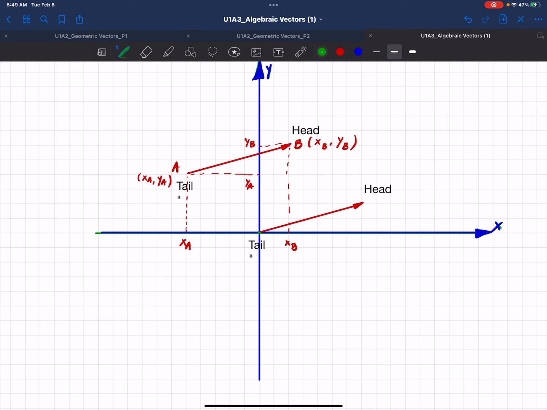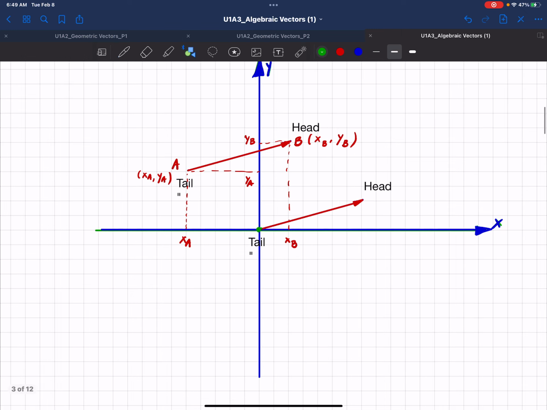Because the tail now is at 0, 0, and this is what we call a position vector. And I'm going to change the color of it so that we can color code things around here. So this is a position vector now, which is basically an algebraic vector that is placed in a special position.